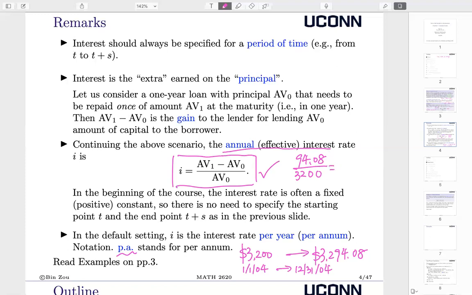So you will get an interest rate, which is roughly 2.94%. Throughout this course, I usually round the decimals to 2 decimal places. So that's why here you see 2.94. Okay, that would be the default setting. So that is the first subject. It's very straightforward, right?